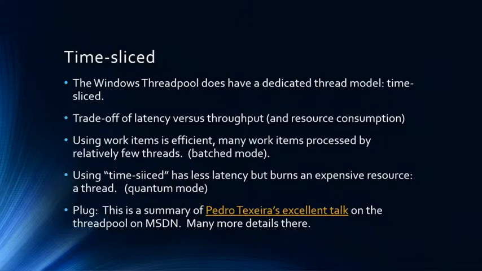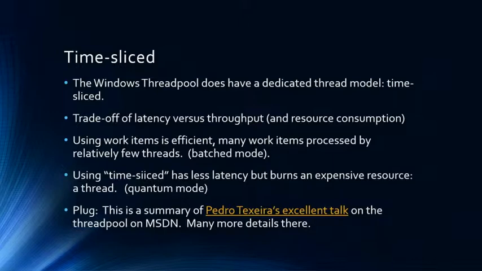So we actually didn't leave you out high and dry. The thread pool has a mode we call time-sliced. The traditional thread pool is batch, so you have batches of work that will get serviced over unit periods of time. And we have this dedicated thread model called time slice. I think I have a slide a little bit later that shows you the APIs.